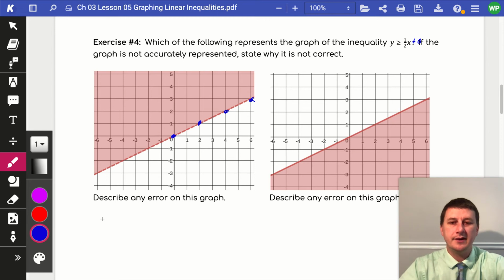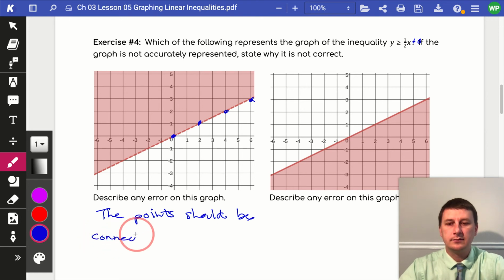So an error on this graph would mean the points should be connected with a solid line.